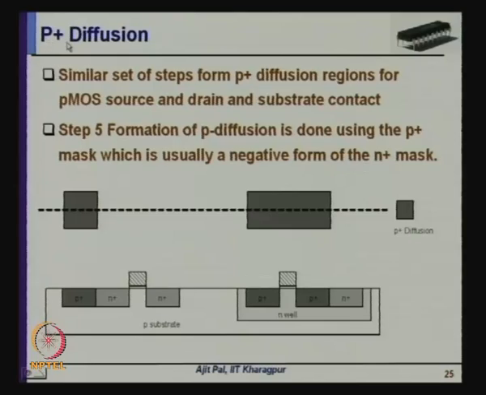Then you have to do P plus diffusion. For P plus diffusion, you will require another mask. That is your step 5. You follow similar steps to form the P plus diffusion region.